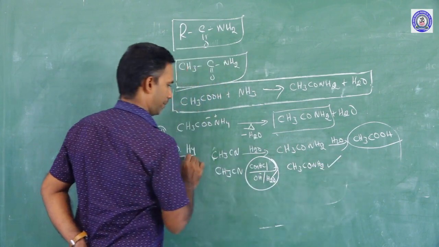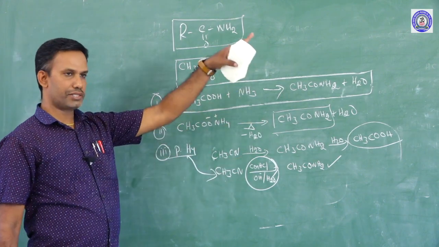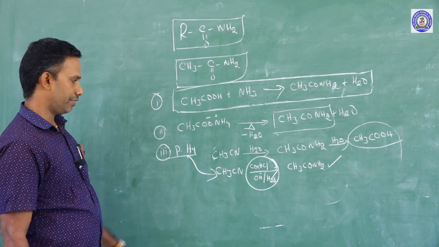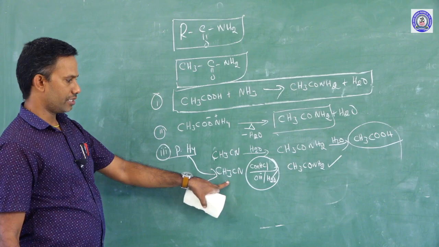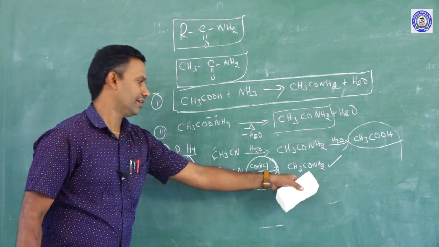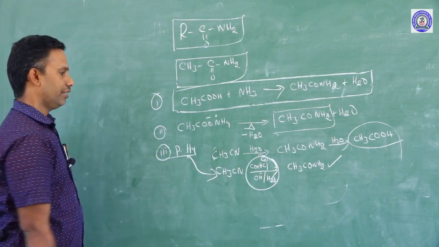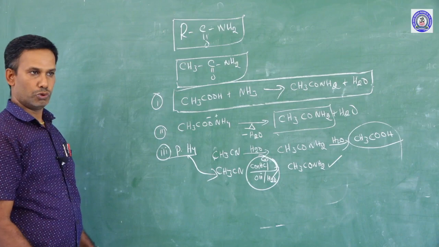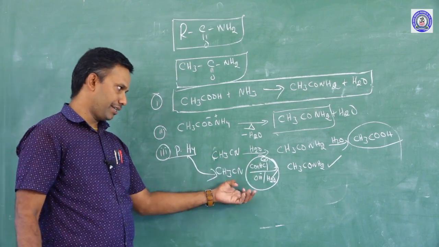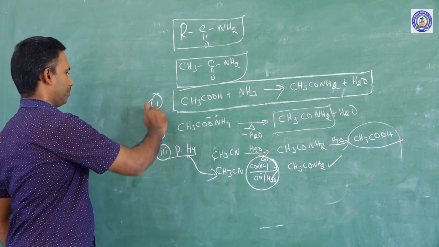So this is called partial hydrolysis. Complete hydrolysis leads to the product as an acid. This is controlled hydrolysis or partial hydrolysis. This reagent should be applied: concentrated HCl and OH minus with H2O. If you use this reagent, then you will get an amide. These are the three methods of preparation of amide.